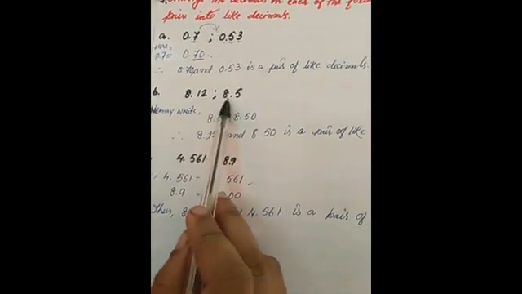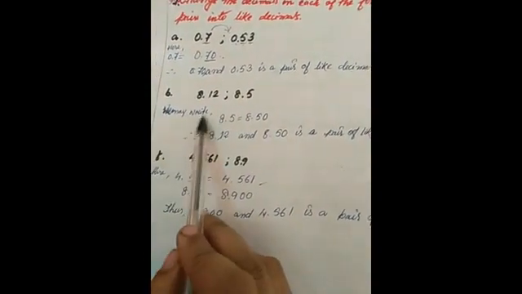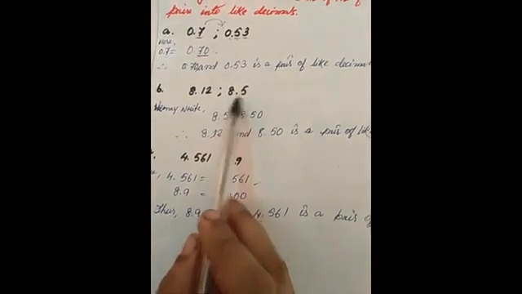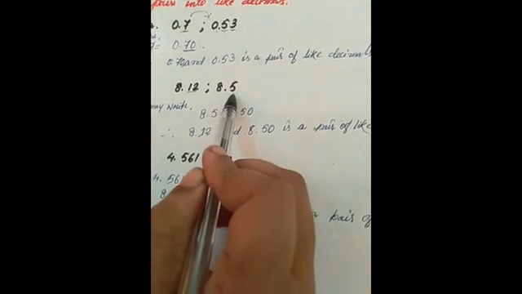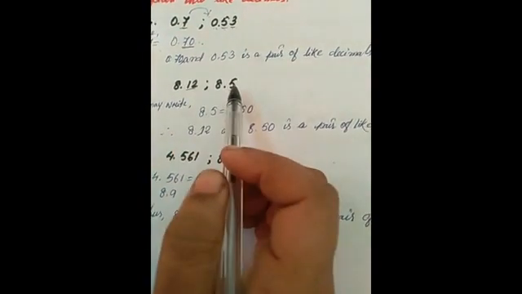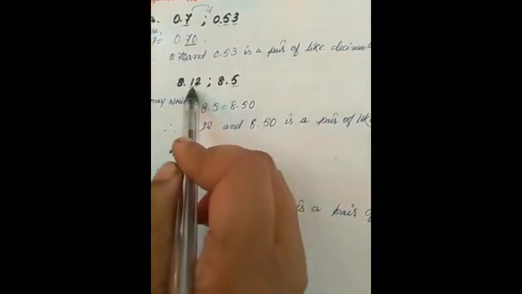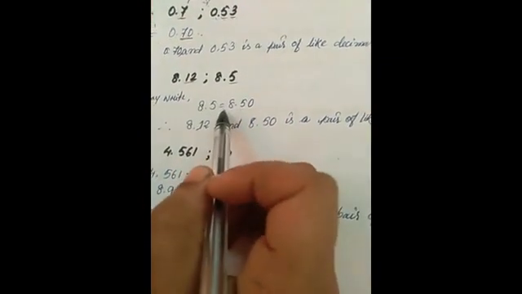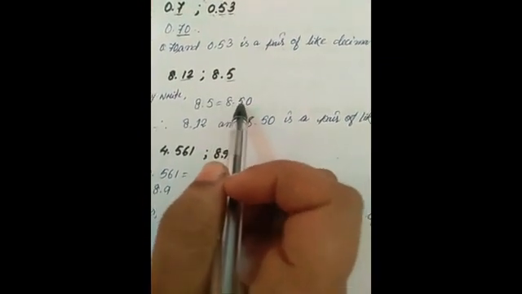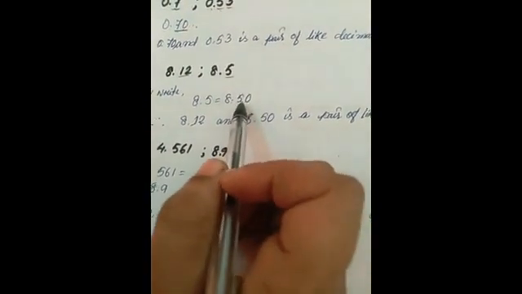8.12 and 8.5. You can see here there are 2 decimal places, but here 1 decimal place. So which one do you have to convert to make them equal? 8.5. How can we convert? We have to add 0.